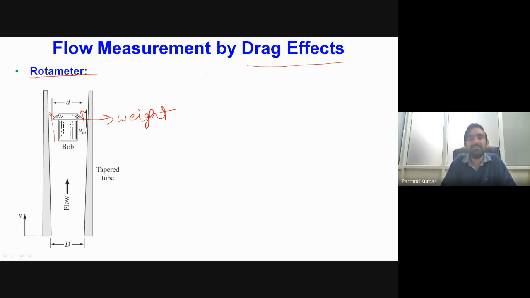So if we consider the static equilibrium position, we will have the buoyancy force, because it is acting in the upward direction, plus the drag force.